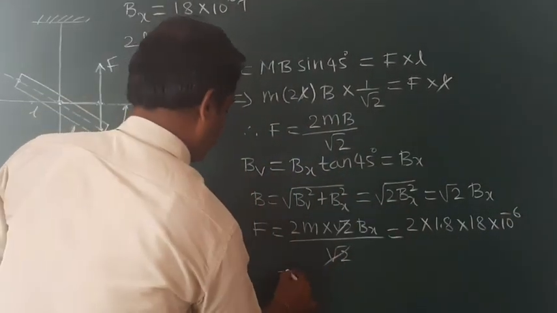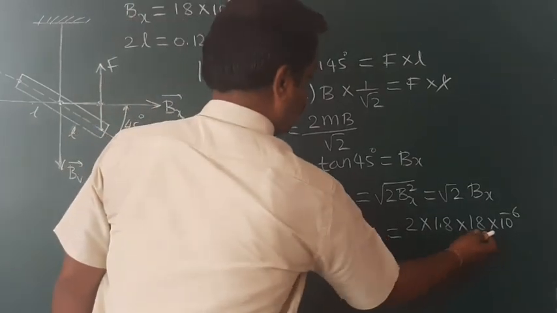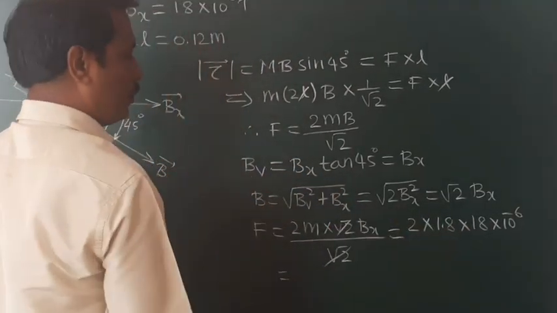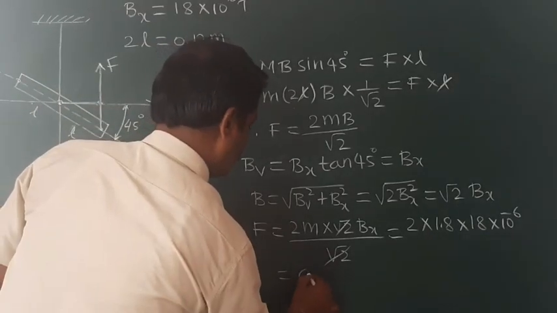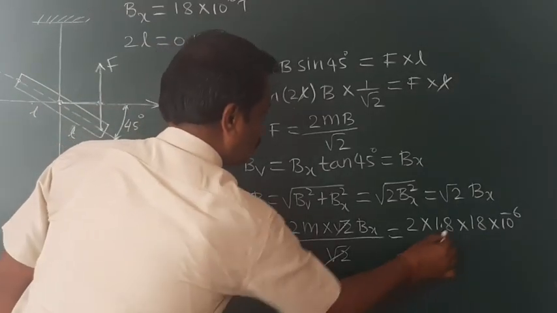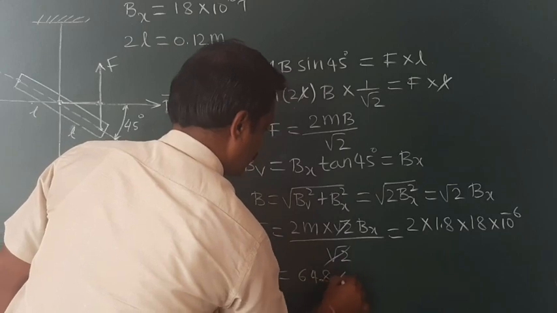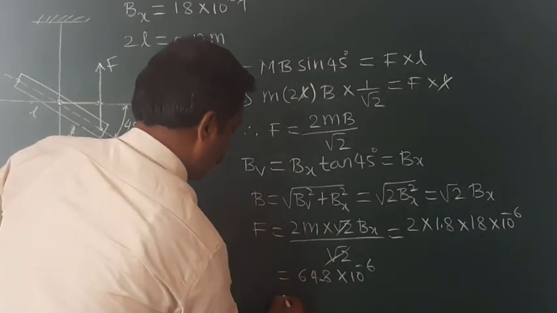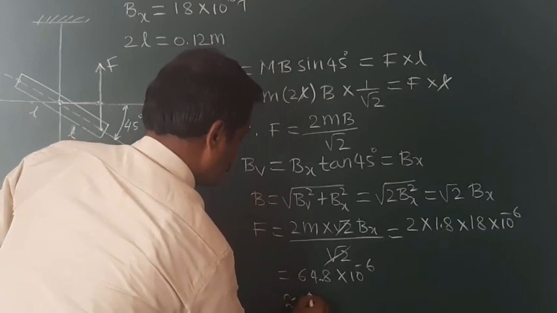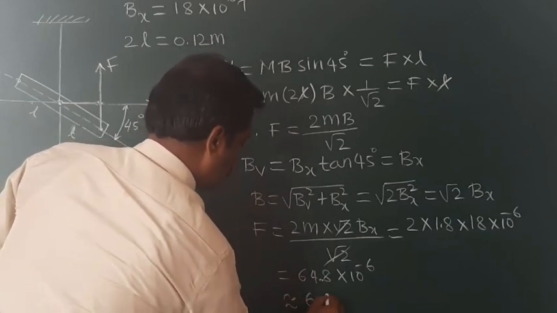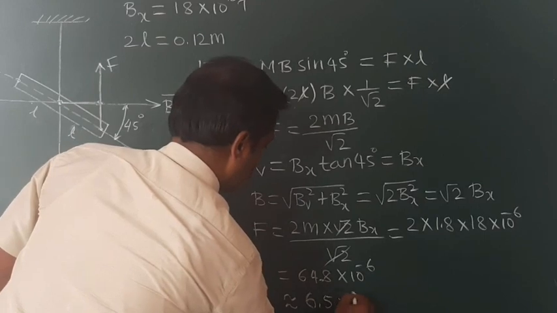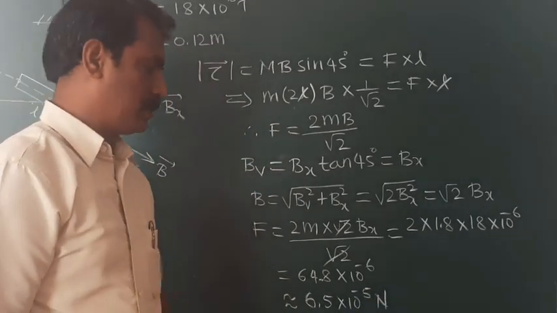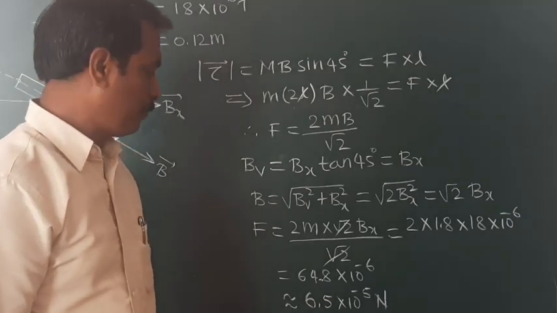Now simplify this. 18 into 18, 324, 324 into 2, 648. Then here the decimal point after one digit, then 10 raised to minus 6. Or approximately, this can be written as 6.5 into 10 raised to minus 5 Newton. So this is the answer, 6.5 into 10 raised to minus 5 Newton.